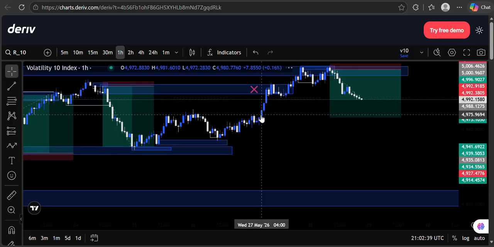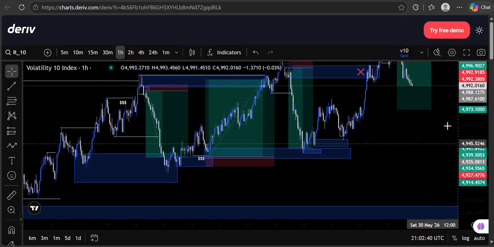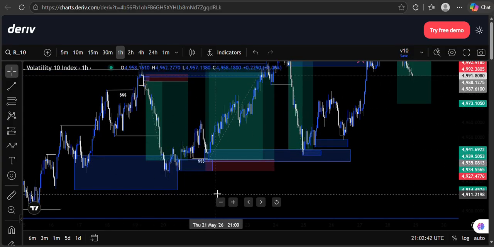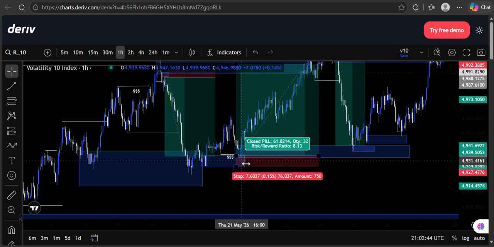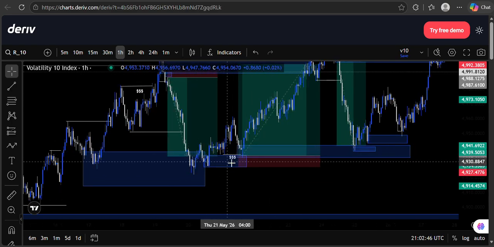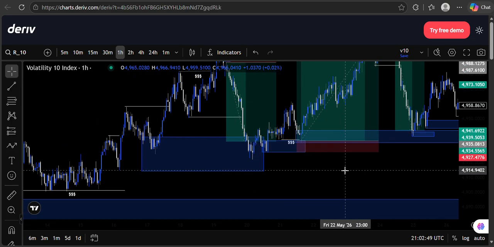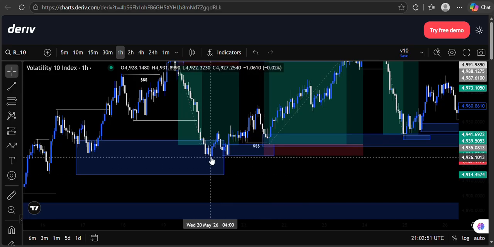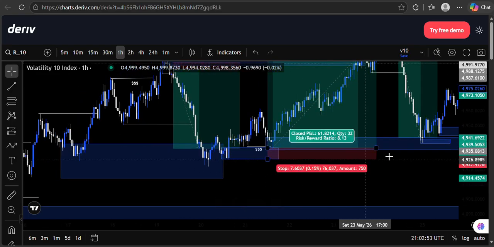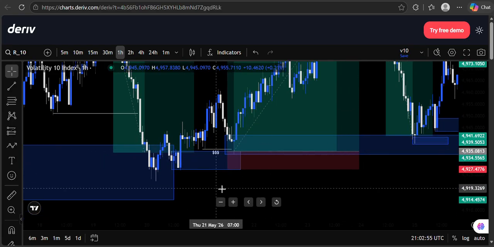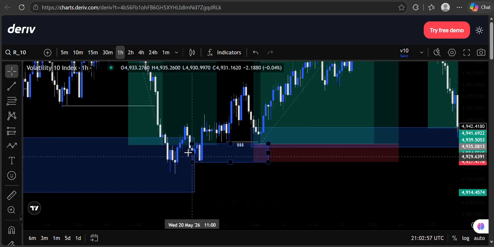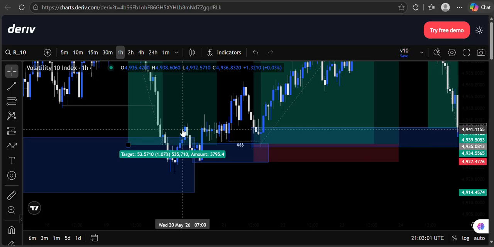We saw what happened when we exited the sell. We exited this sell right here, and the moment price got into this particular zone, there was a push, a movement upwards.